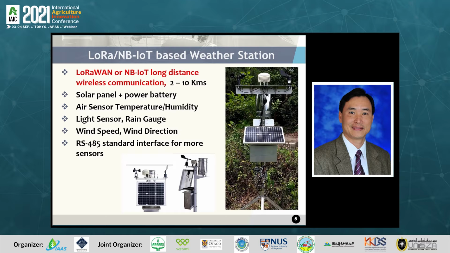And our weather stations also provide a solar panel to provide the power, and also provide the air sensor: temperature, humidity, light sensor or rain gauge, and also wind speed, wind directions. And also we provide RS-485 standard interface for more sensors in the future.